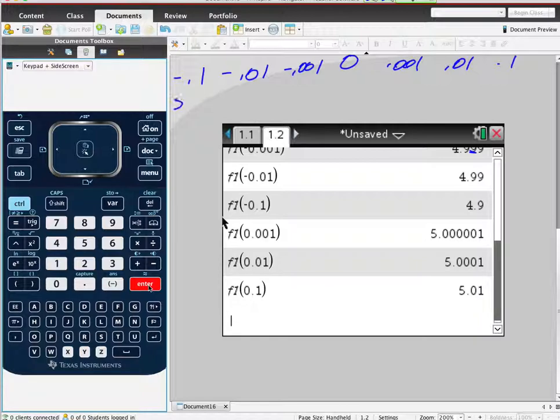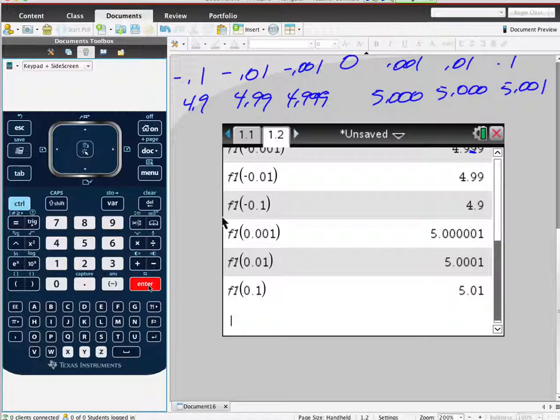All right, that looks better. There we go.